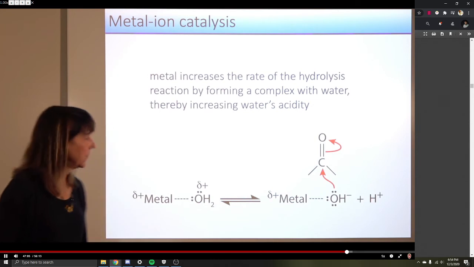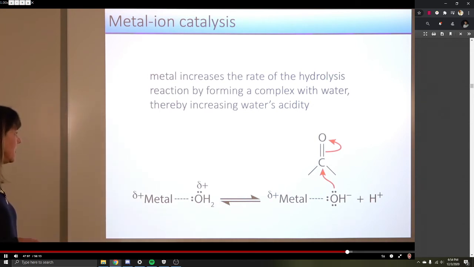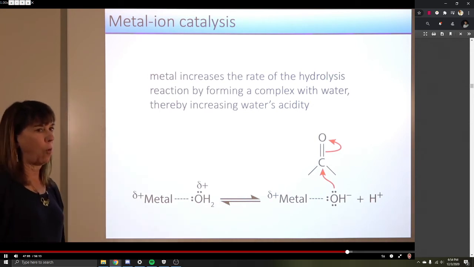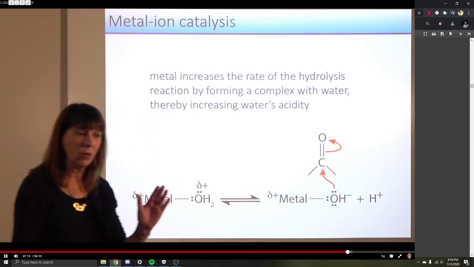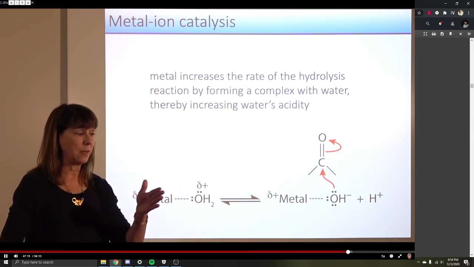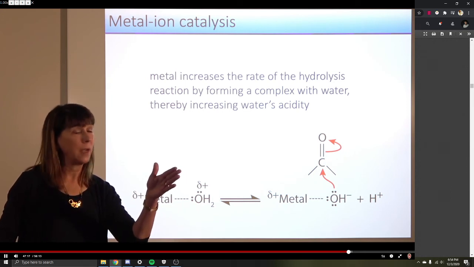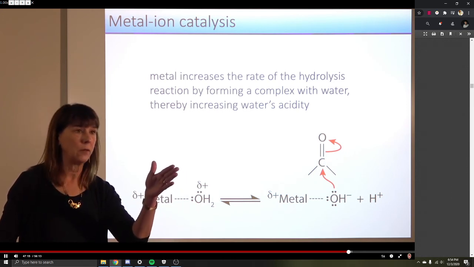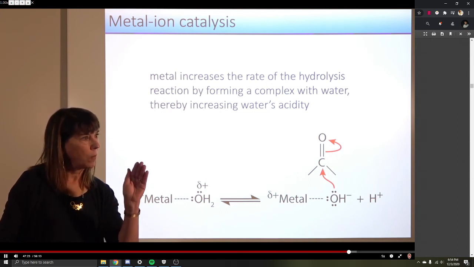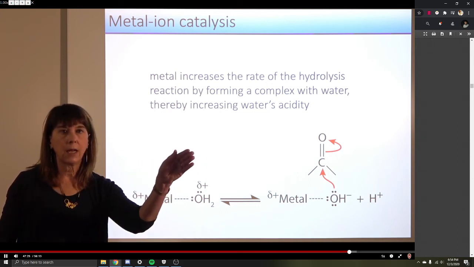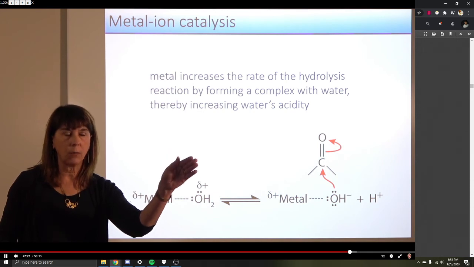What do they do? Metal ion catalysis. They can activate a water molecule for hydrolysis. Unlike the serine and the cysteine peptidases, where you get an acyl enzyme intermediate or a thioacyl enzyme intermediate, these basically activate a water molecule that directly attacks the carbonyl carbon, and you get the break of the bond.